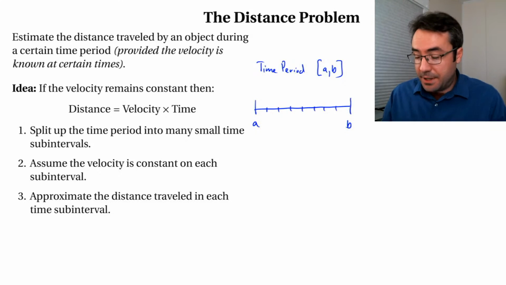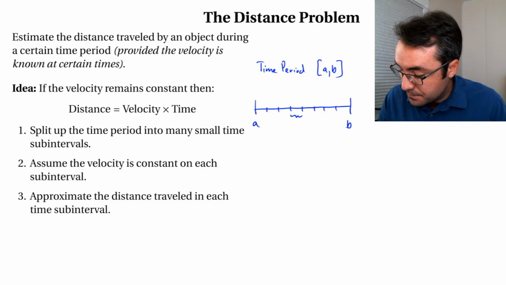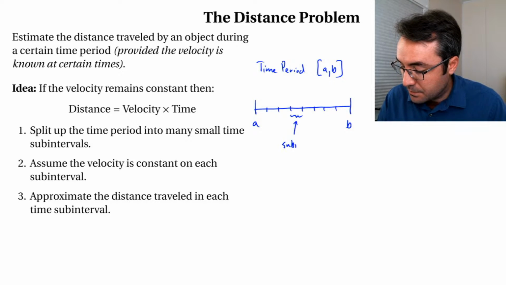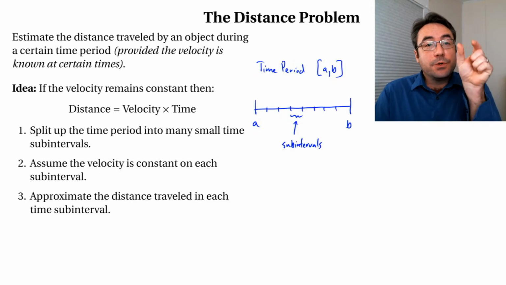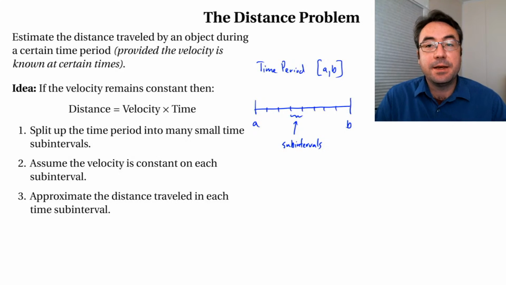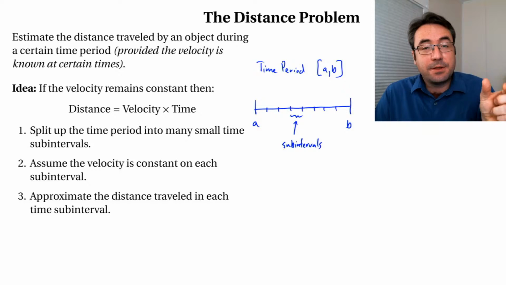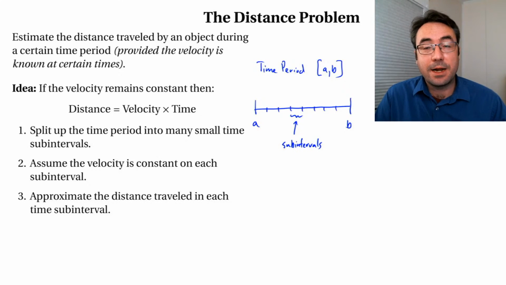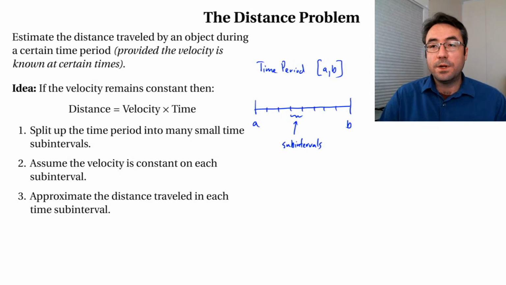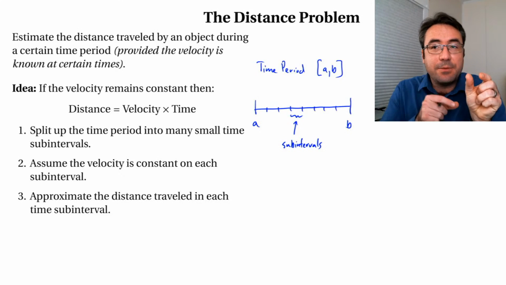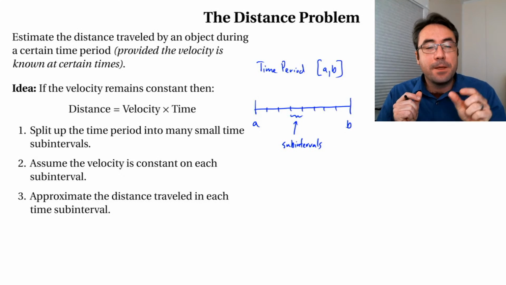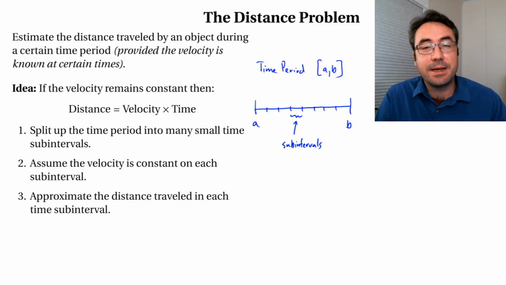And for each of those little subintervals, these are little moments in time, we're going to assume that we're traveling at a constant velocity on each of those subintervals. And so then to approximate the distance that we travel on each subinterval, we just calculate it with that formula. Distance is equal to our constant velocity on that subinterval times time. And so once we have all these little distances that we travel, for each little subinterval we're going to have a distance that we travel during that time subinterval.